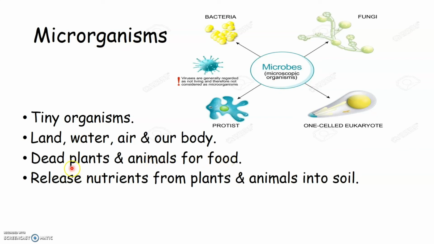Now these microorganisms release nutrients, which are non-living things, into the soil, and nutrients are essential for plants in order to prepare food by the process of photosynthesis. So here again we see that living things depend on other living things, and they also depend on non-living things for their survival.